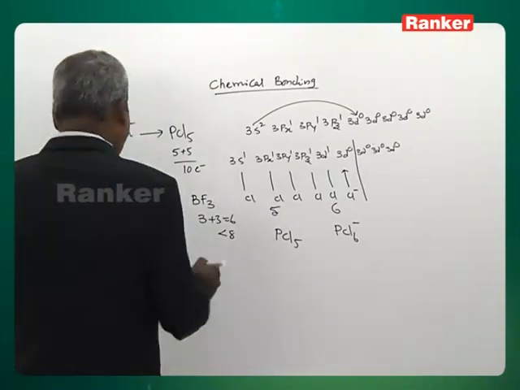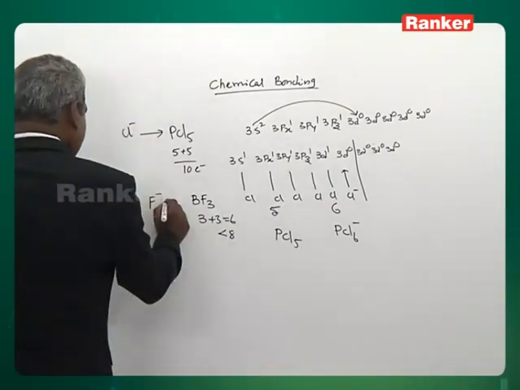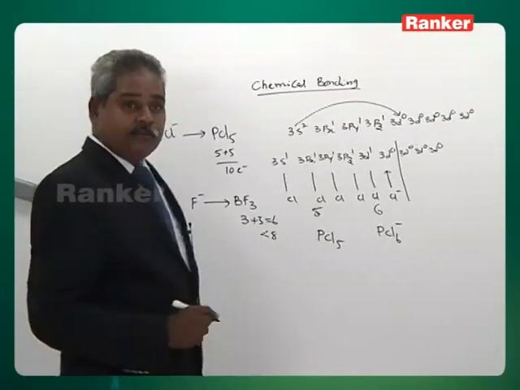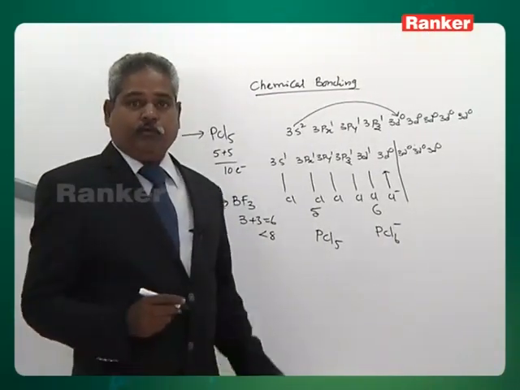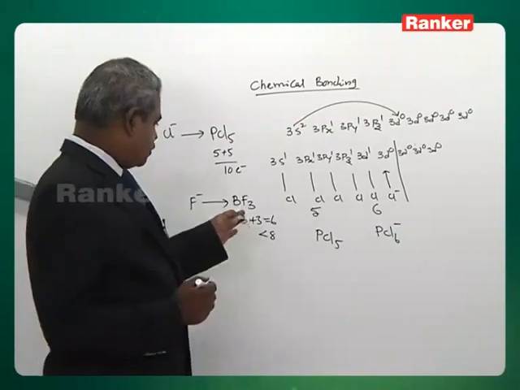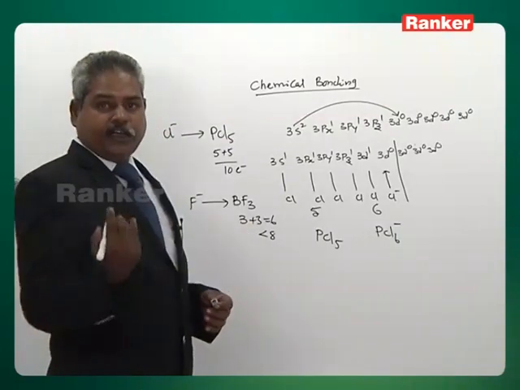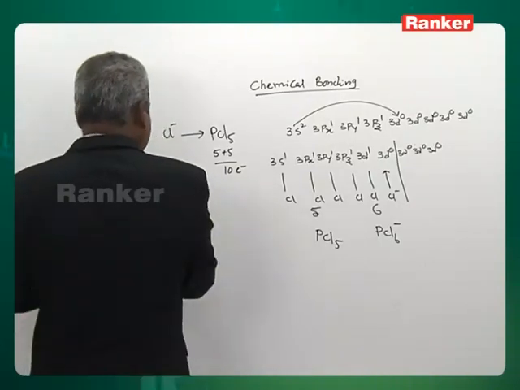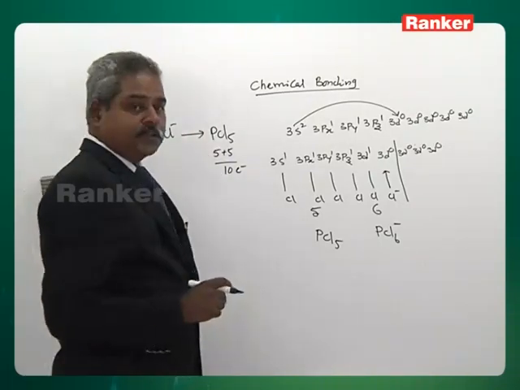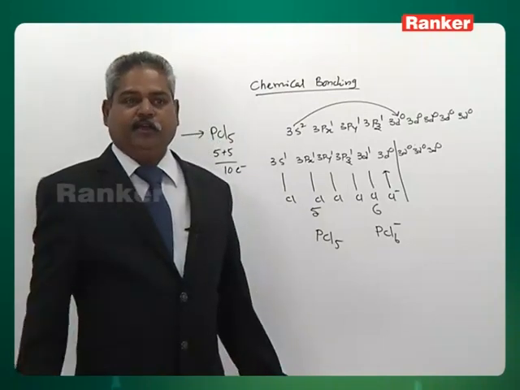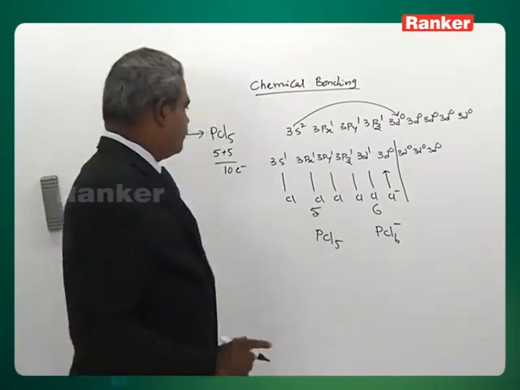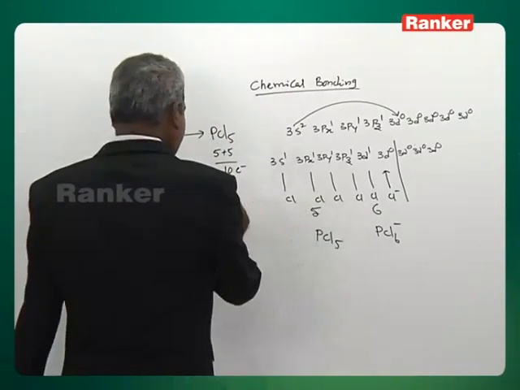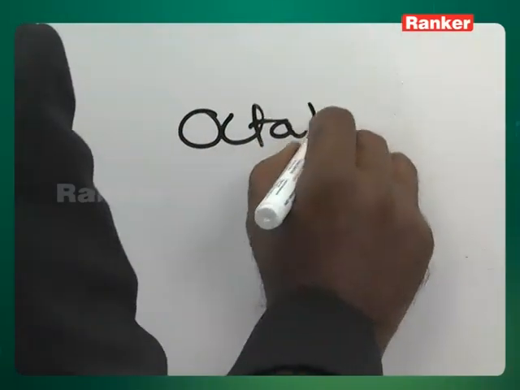So if boron trifluoride accepts a pair of electrons, it is understandable. You will say boron has a shortage of electrons, therefore it is taking from others. But when you look at PCl5, it is an electron surplus, it has 10 electrons, but why is it still accepting? The answer lies in this: 6 will give it octahedral geometry.